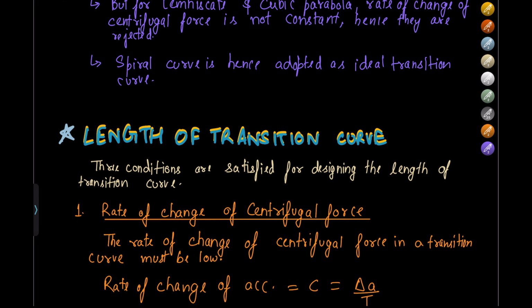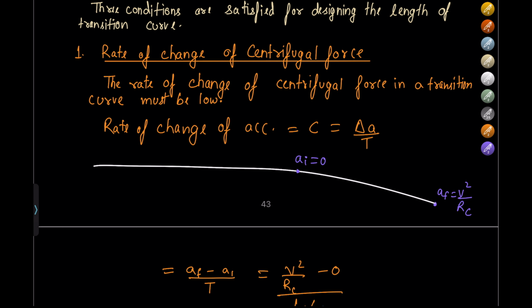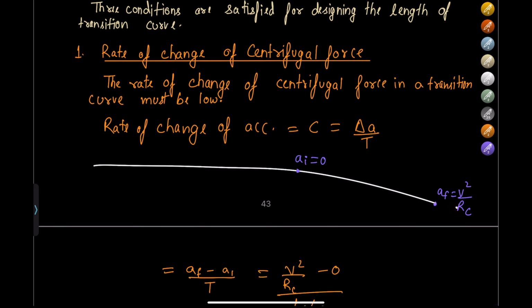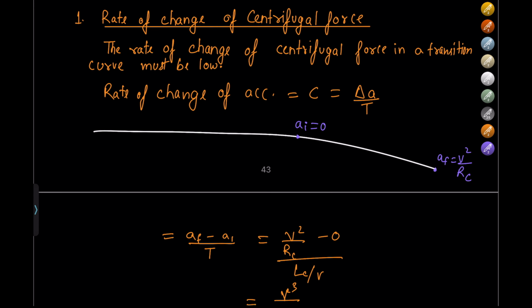So first one is the rate of change of acceleration. Rate of change of acceleration is given by C equals delta A upon T. What this means is if the acceleration at one point is 0 and at a second point it is V square upon R C, right? So the rate of change of acceleration over the time t is given by C. This value minus this value is equal to rate of change of acceleration.